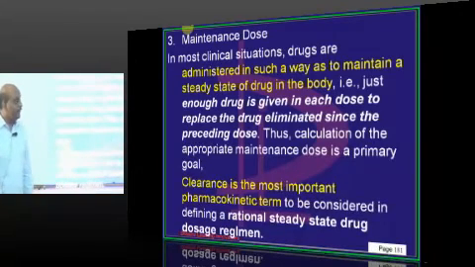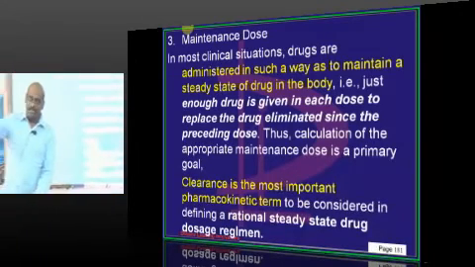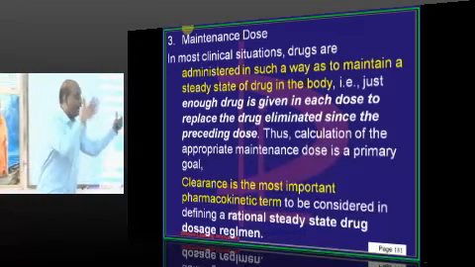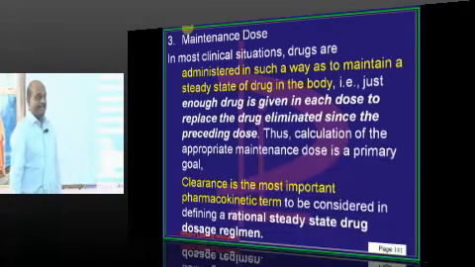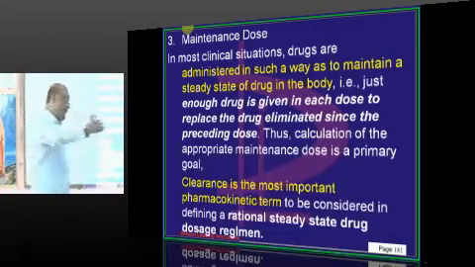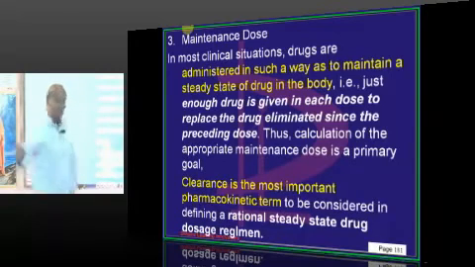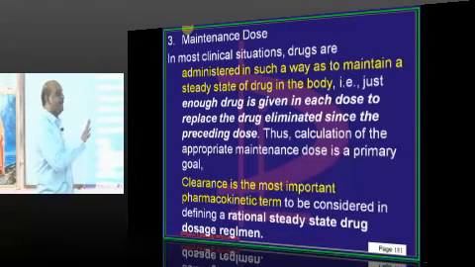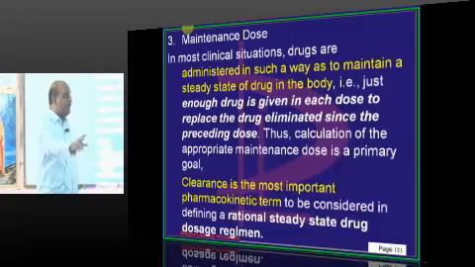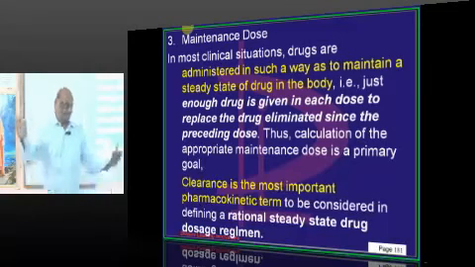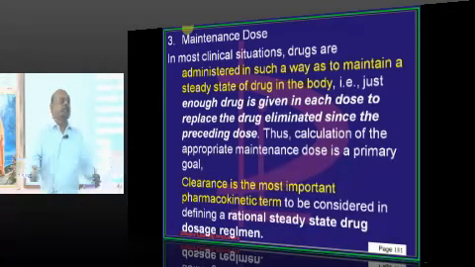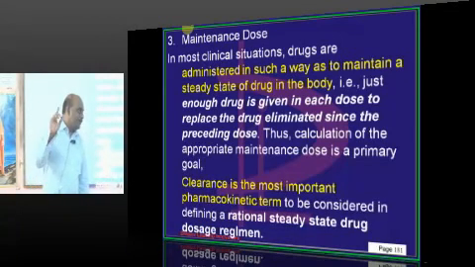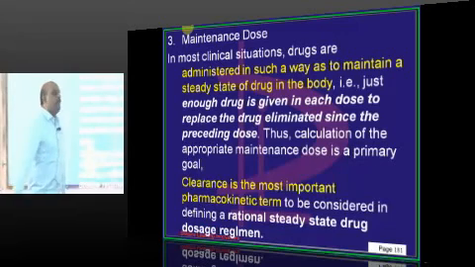Then what do you need to do? You have to take baskets full of roses to win her heart, because she has an option to marry any of the mama's sons. How many mamas and how many sons each mama has will decide her chances of marrying someone other than you. Hence you need to take a big basket of roses. So loading dose is dependent on volume of distribution.